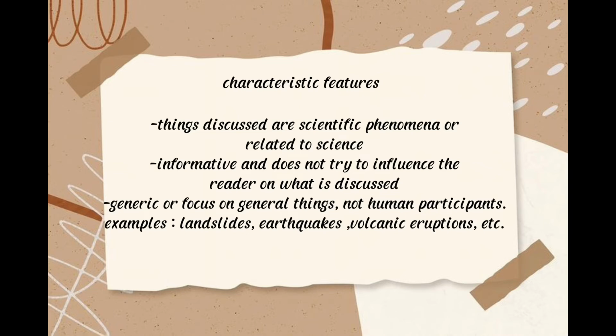These are scientific phenomena or related to science, informative, and does not try to influence the reader on what is discussed. Generic or focus on general things, not human participants. Example: landslides, earthquakes, volcanic eruption.